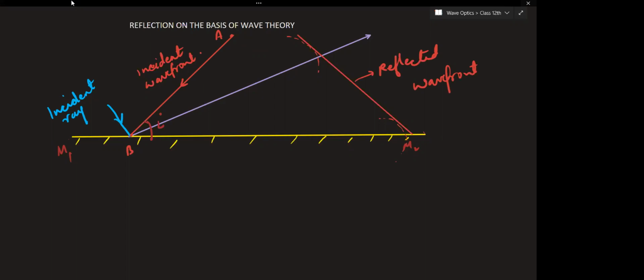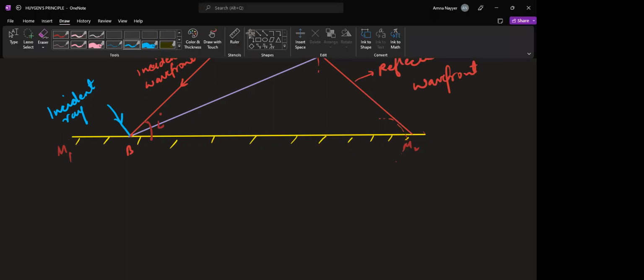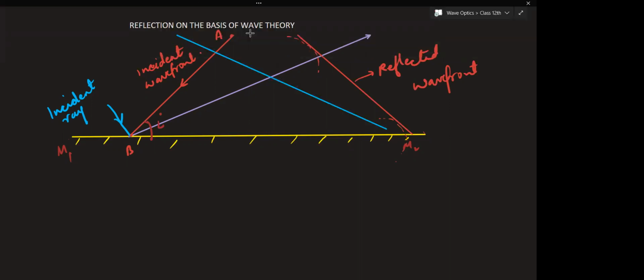Then you'll again have incident rays and incident wavefronts. Let's say from this particular point here you have an incident wavefront. This is again the same incident wavefront. Now again this will get reflected. Each point on this will have its own new disturbances that will again lead to reflection, a reflected wavefront will occur, and so on.